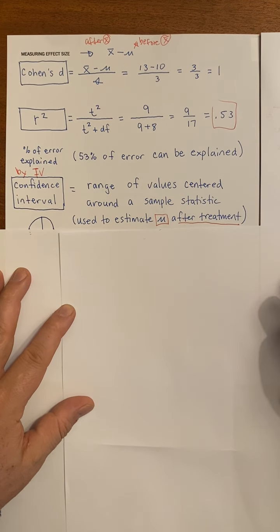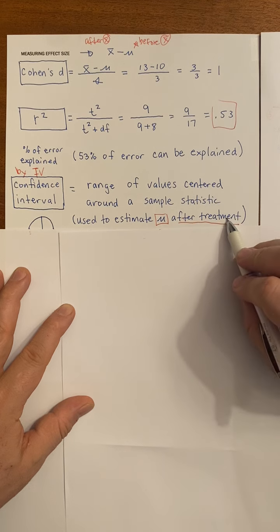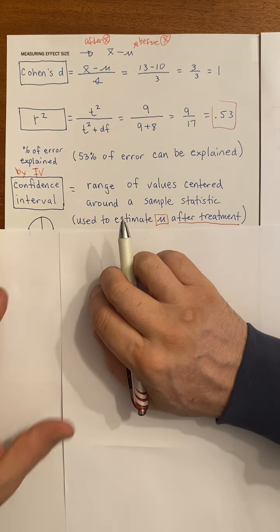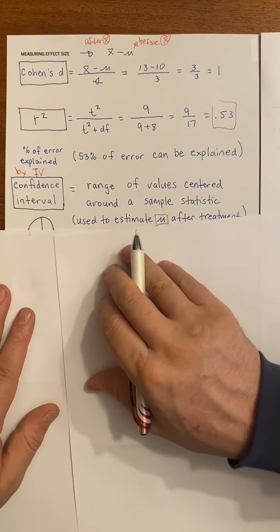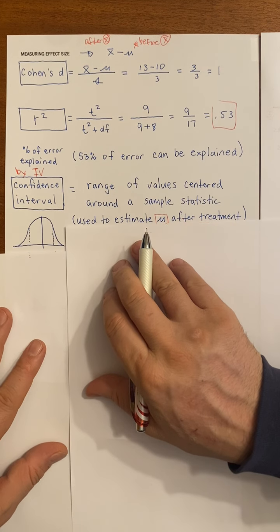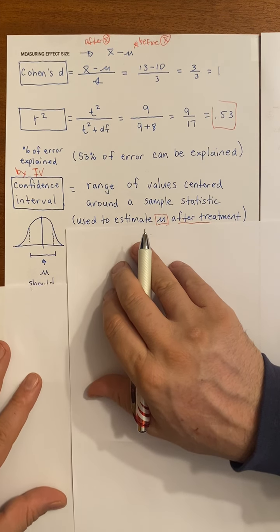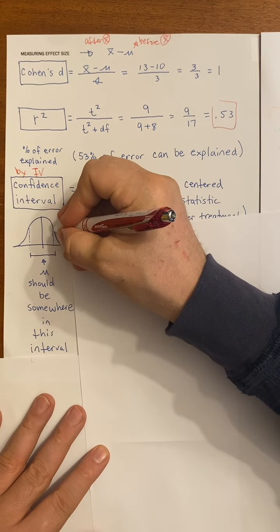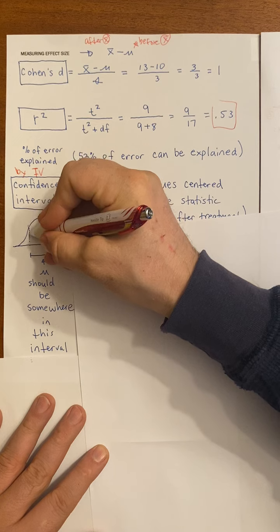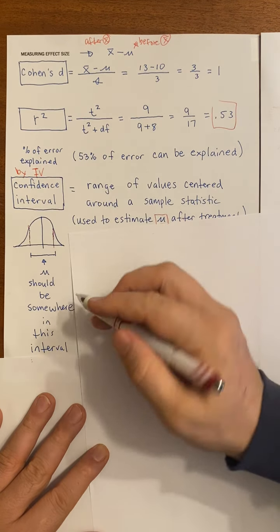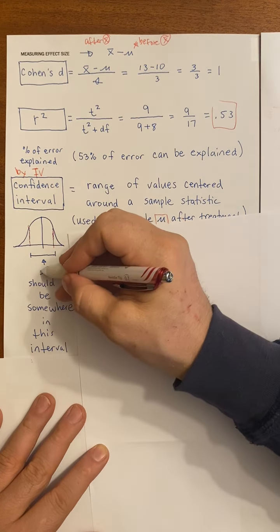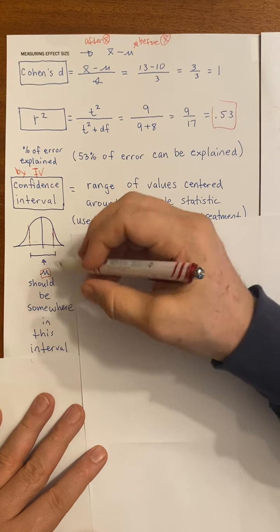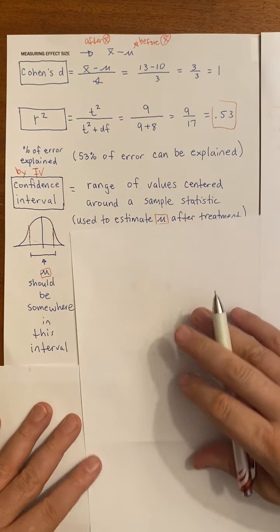So where would a population mean be after it was found that the treatment was successful, that it did cause an effect? What we're talking about is finding some range where we could say that mu, the population mean after treatment, should be within some interval.